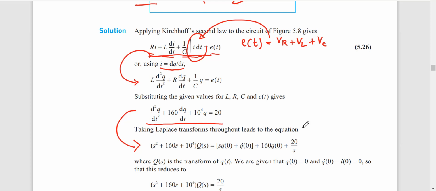So this one is q, so we translate to Q(s) here, and the initial value of q is 0. So we only convert the DC 20 to the Laplace, which is 20 per s.